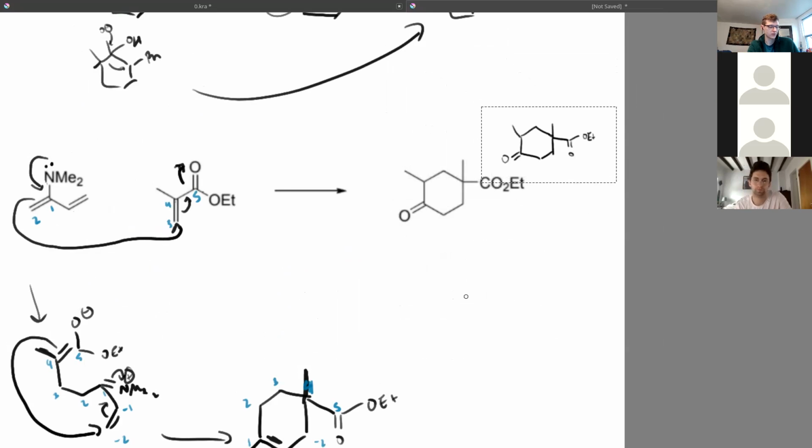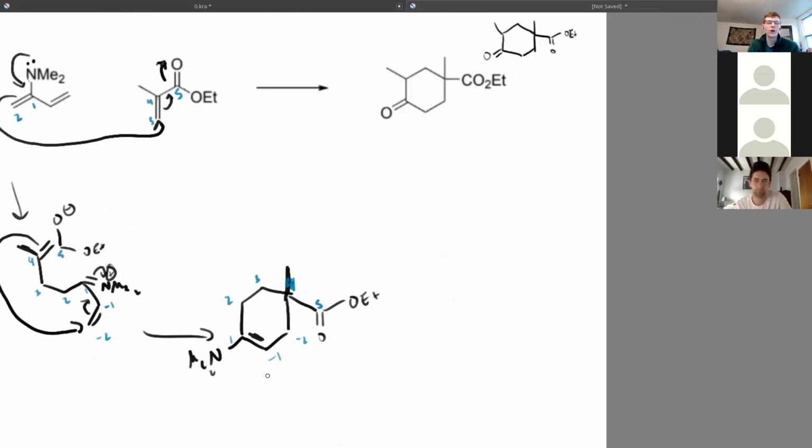And then we already have this enamine, right? So why don't we just give it like methyl iodide or something that'll stick a methyl on there? We might as well use the enamine if we have it, and then there we go, right? There should be a double bond here now.